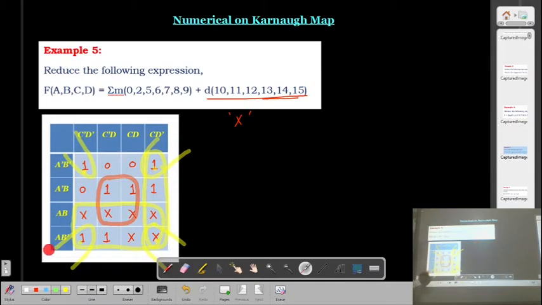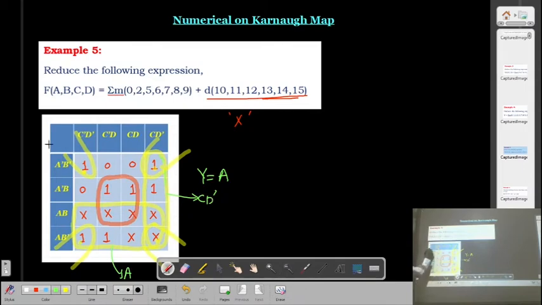But when you are moving in this direction, the D is going to be complemented, A is not going to change. So my expression y will be equal to A for this octet, remember. Then if we write the expression for this square, this square is giving you A, C, D dash.